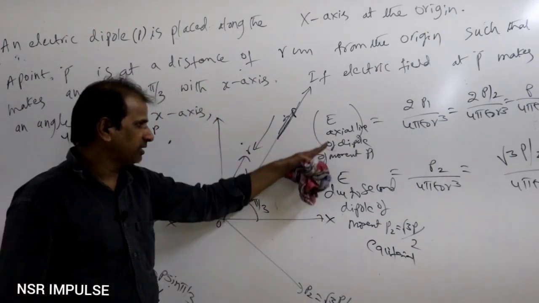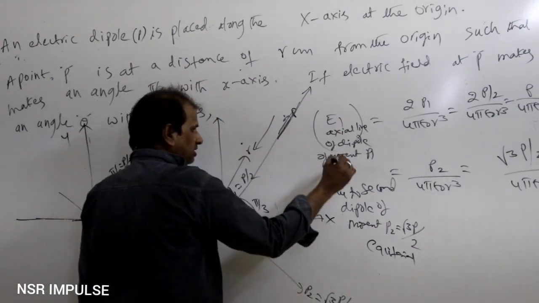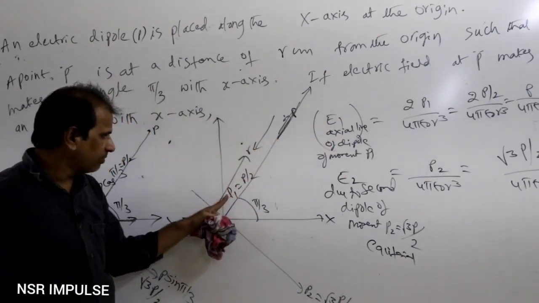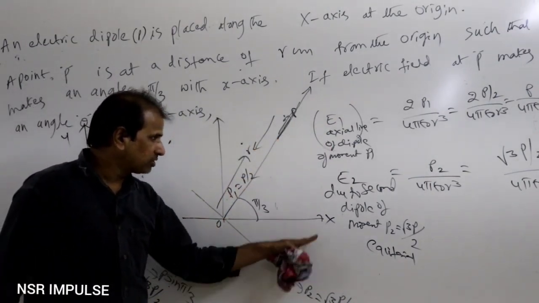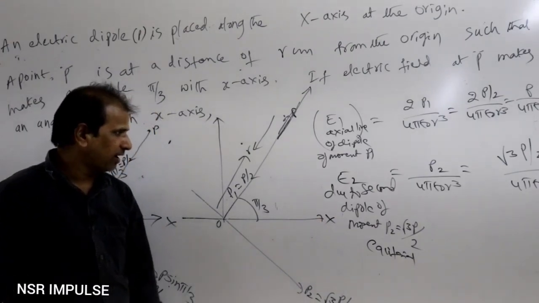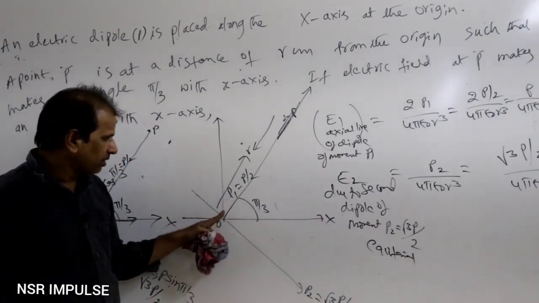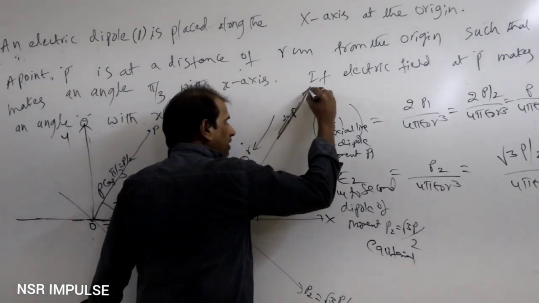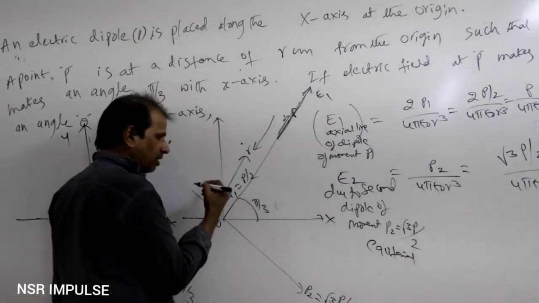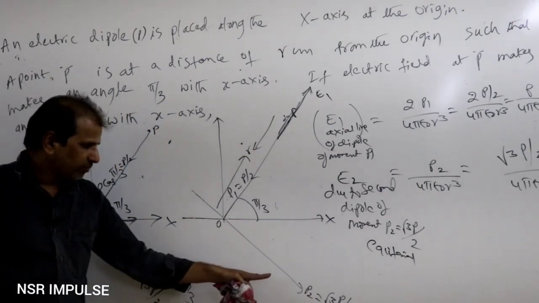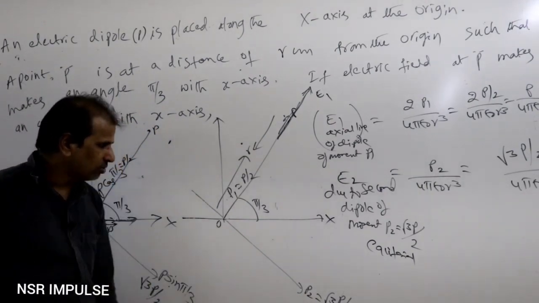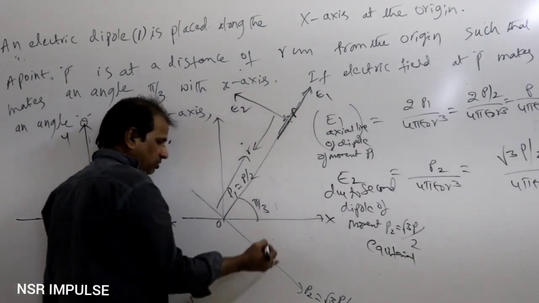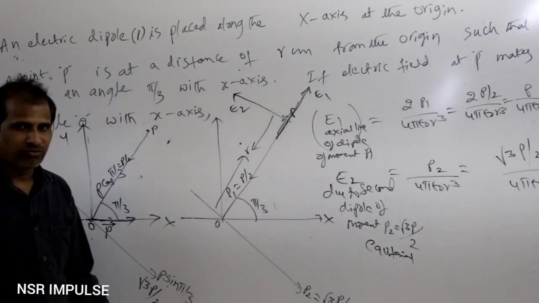Now let us indicate these fields. Let us consider this is E1, this is E2. E1 means field given by this dipole. E2 means field given by this dipole. E1 is on the axial line, so field will be in this direction, parallel to the dipole moment. Then field given by P2 will be in this direction because it is opposite to the dipole moment. Why?